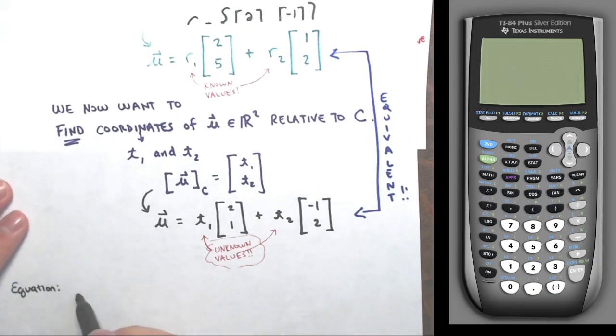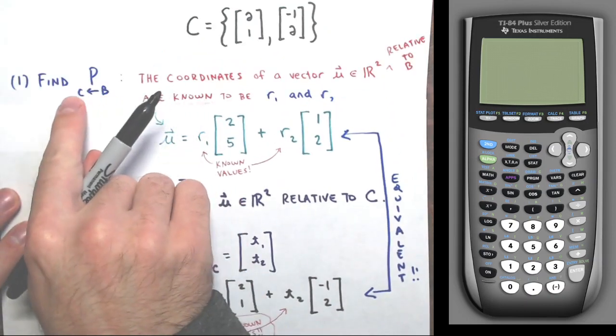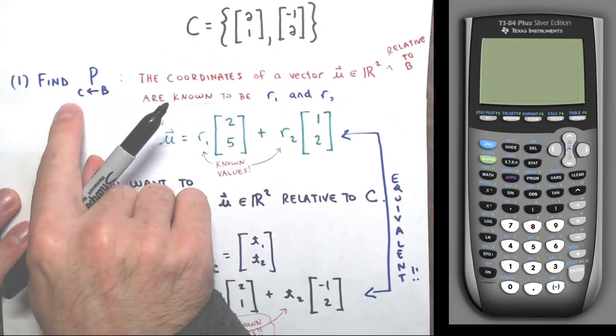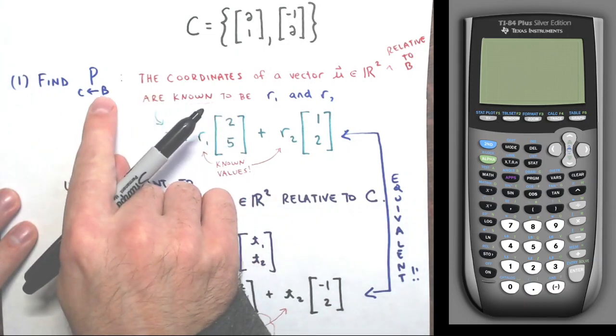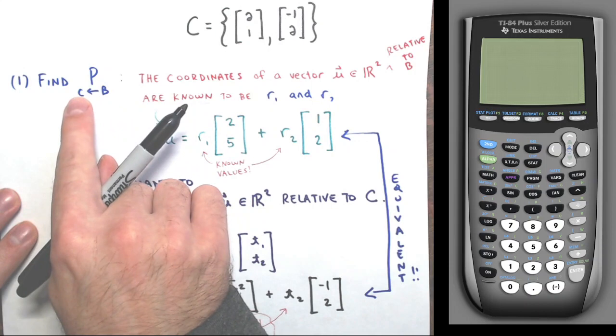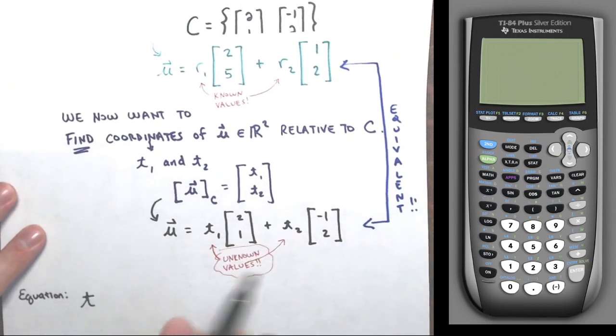So I set up this equation. We'll have the unknowns on the left, the ones with T1, because I'm going from B to C. The way they have this written, if you had B to C the other way, I would put the unknowns on the right, but I have B to C with the C on the left, so I want the coordinates that I don't know, which are for C, on the left.